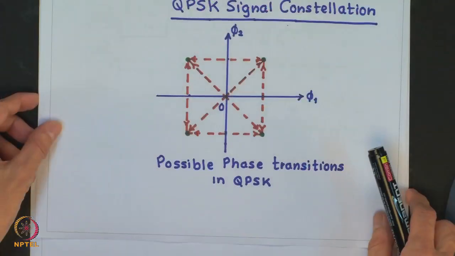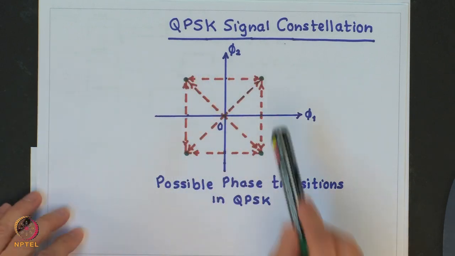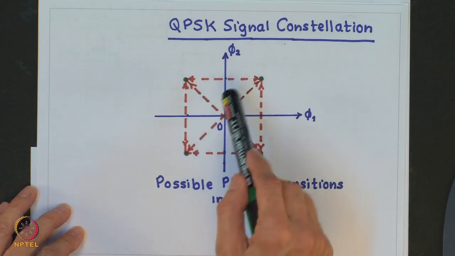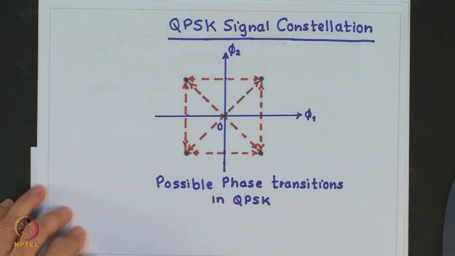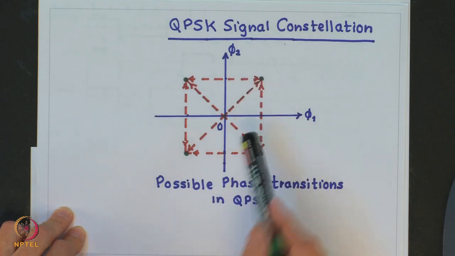If we look at the QPSK signal constellation, we see that there are 4 states corresponding to the 4 message symbols being transmitted, and here we show the possible phase transitions that can take place in QPSK.